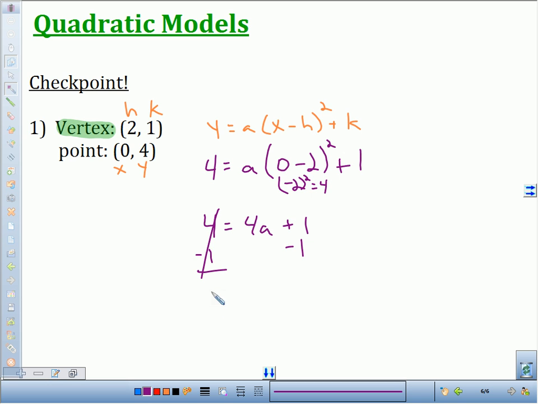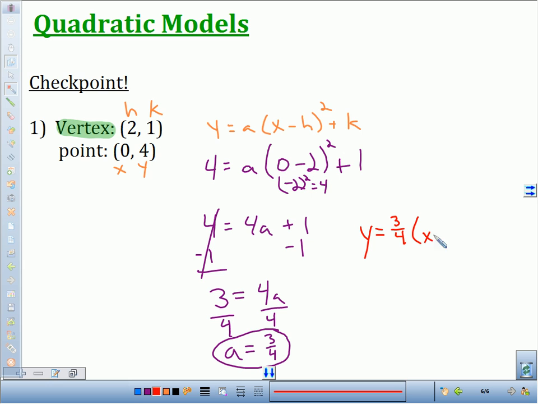We get 3 equals 4a, so we divide by 4. So a equals 3/4. If a equals 3/4, then our equation is y equals 3/4 times (x minus 2) squared plus 1, again because we changed the sign of h. That is our equation.